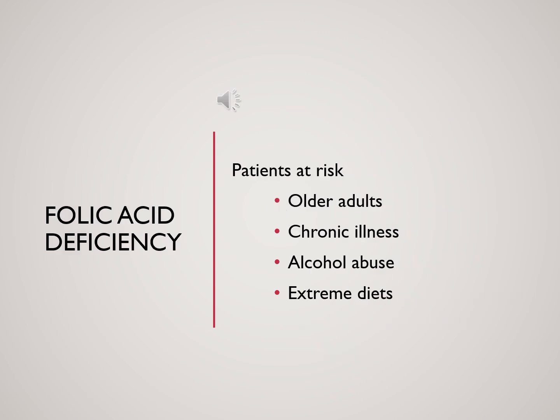So when we look at folic acid deficiency, the patients at risk are older adults, those with chronic illness, those that have alcohol abuse, and extreme diets. Folic acid deficiency is usually the result of inadequate dietary intake.